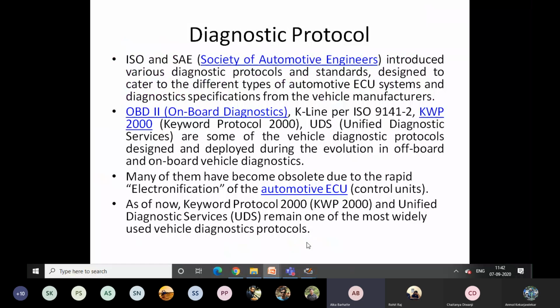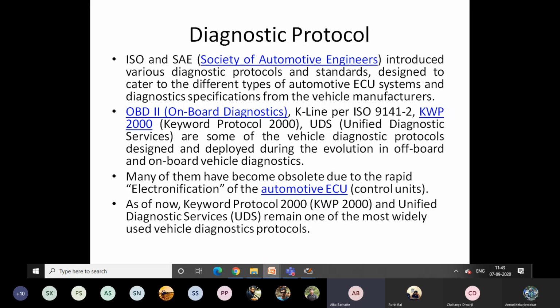So this is all about DCT, DLC, MIL, and what is OBD, and the difference between onboard diagnostics and offboard diagnostics. The difference is that onboard is where you have the live data stored and the real-time decision taken by your ECU to overcome that particular fault.